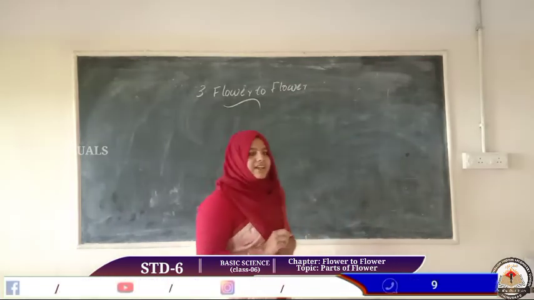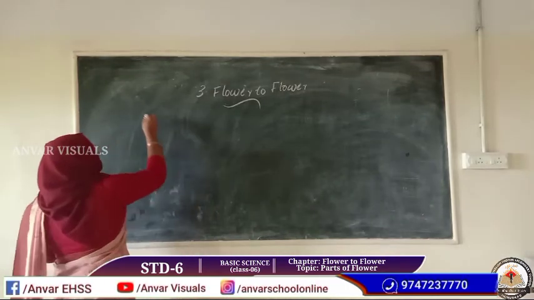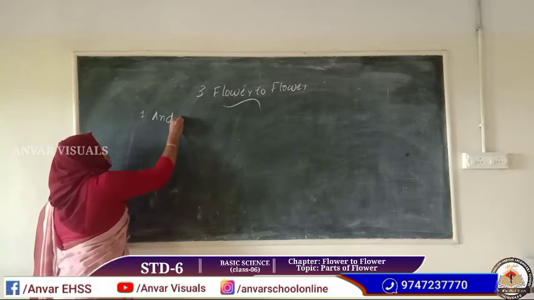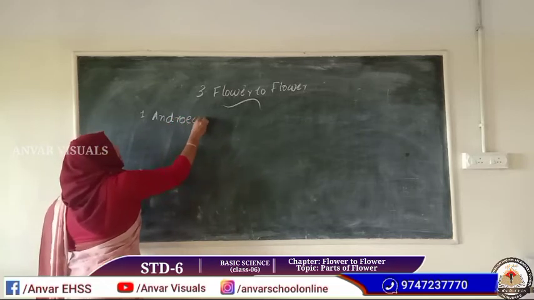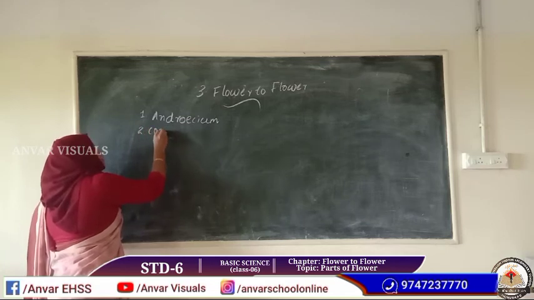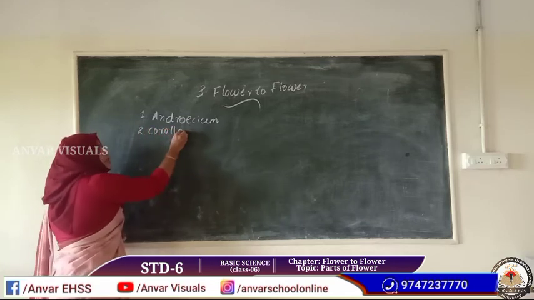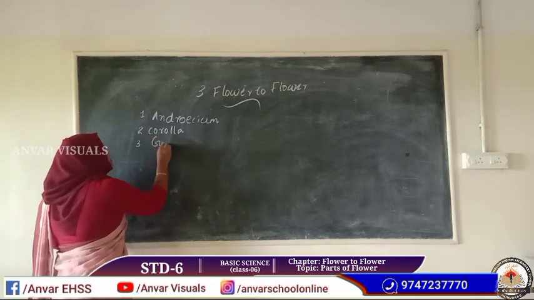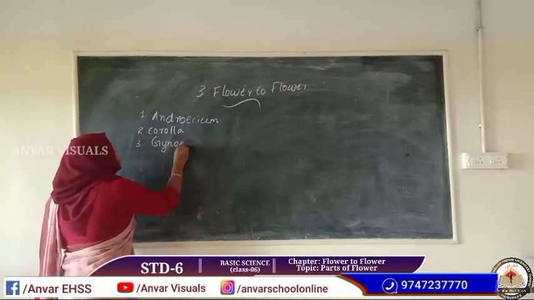Is it clear? Then let me write the names here. The first part is androecium, second one corolla. All of you listen here. The second part is corolla. Third one, gynoecium.